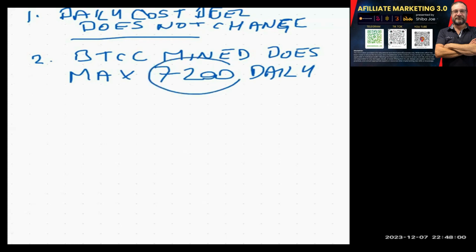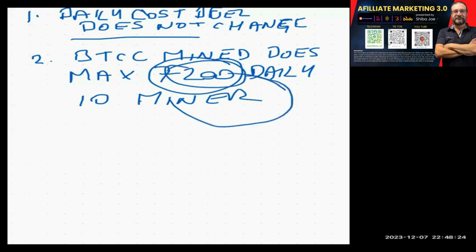If there are 10 miners mining, and let's say they're all of the equivalent power, then all of this is distributed to all 10. So you don't all get 7,200.